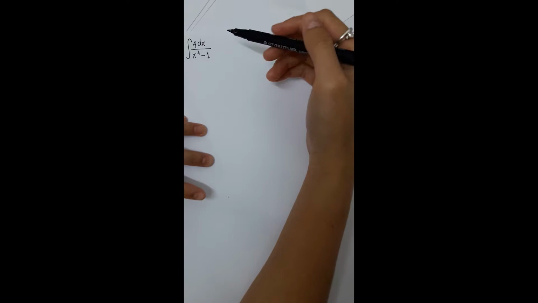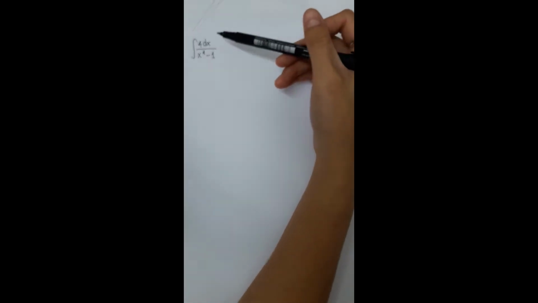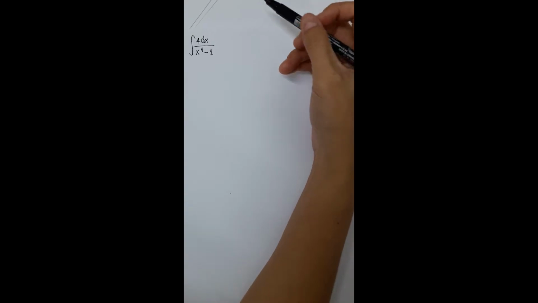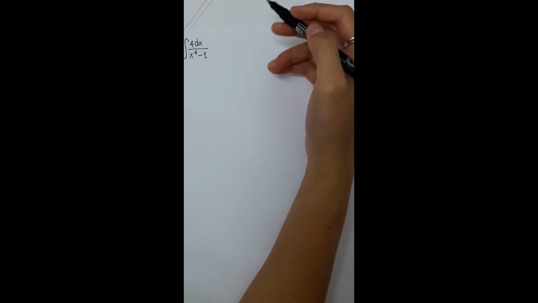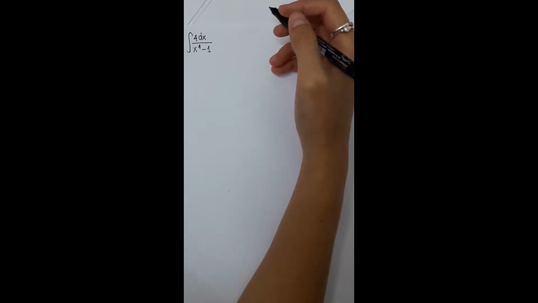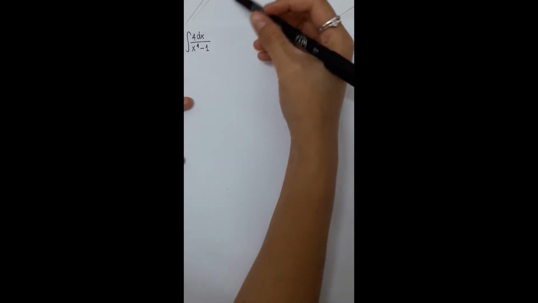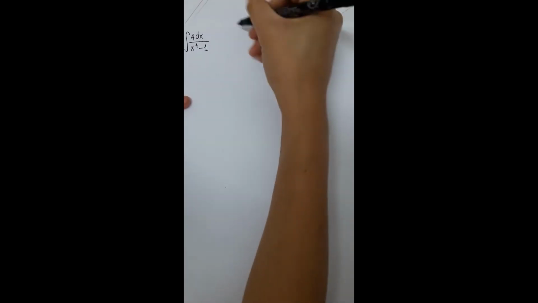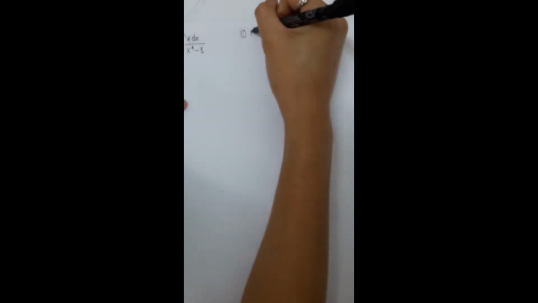So our next example is the integration of 4dx over x to the 4th minus 1. This is another example of integration of rational fractions via partial fraction, and this time we already noticed that our given is already a proper fraction.